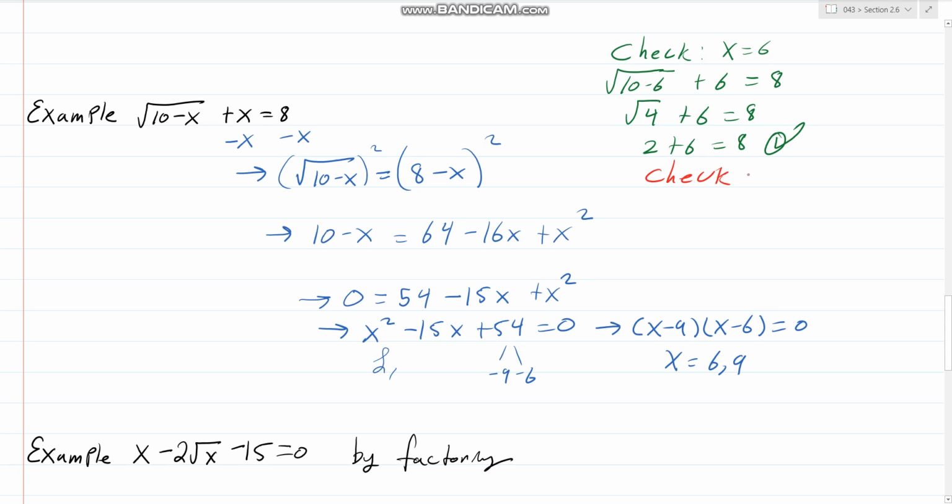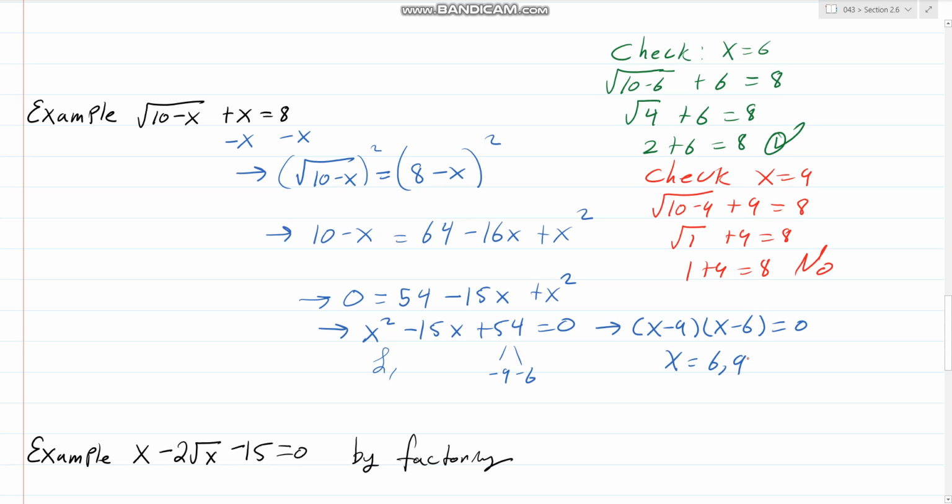Okay, now I'm going to check what's going on with x equals 9. If x equals 9, well, then you've got the square root of 10 minus 9 plus 9 equals 8. That doesn't seem like that's going to work, right? 10 minus 9 is 1. And so 1 plus 9 equals 8. No, I don't think so. No, that's not going to work.